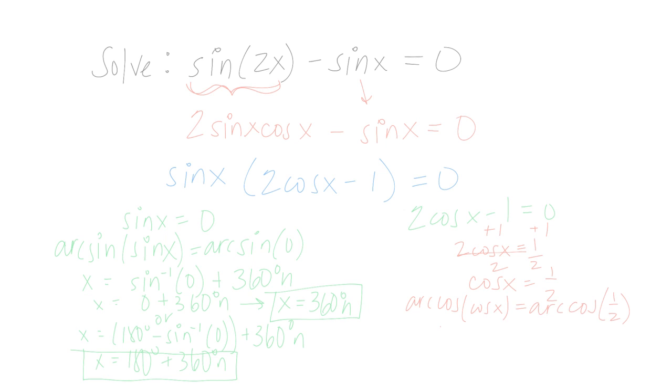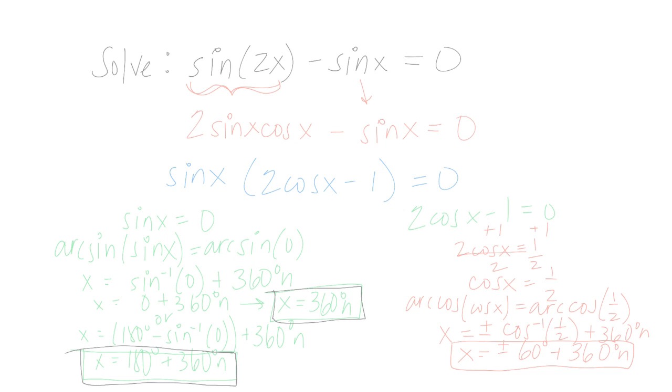And I'm left with x equals plus or minus the inverse cosine of 1/2 plus 360 degrees n, which means x equals plus or minus 60 degrees plus 360 degrees n. So I have my solutions: x equals 360 degrees n, x equals 180 plus 360 degrees n, and x equals plus or minus 60 plus 360 degrees n.